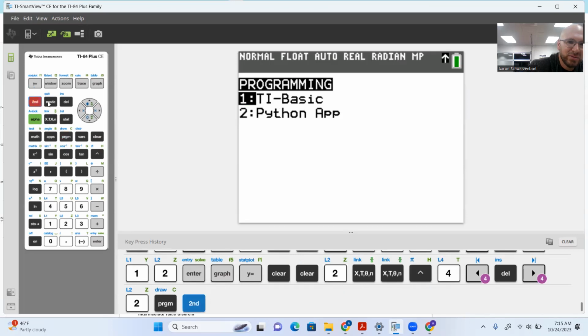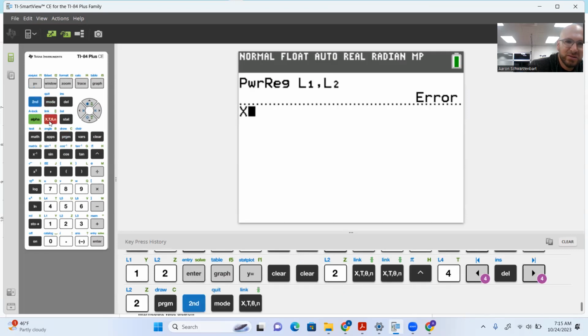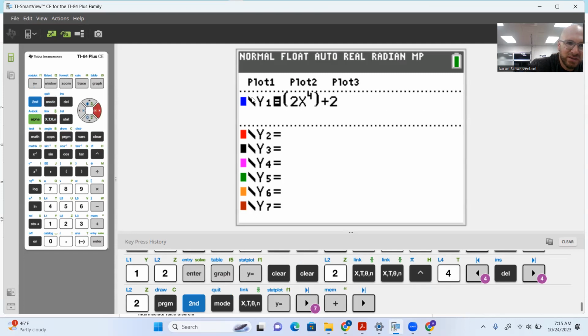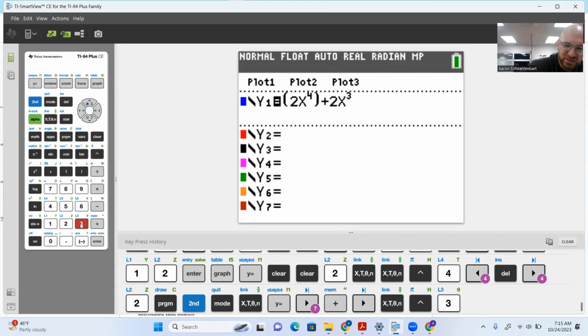I guess the parentheses is fine. That should be a plus. I don't know what I pressed that ended up like that. But plus 2x cubed, and this is example 4, the g of x function.